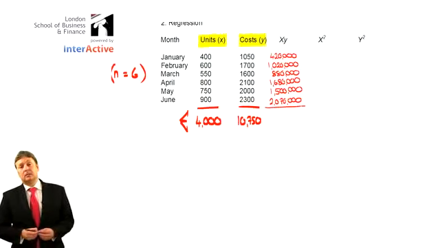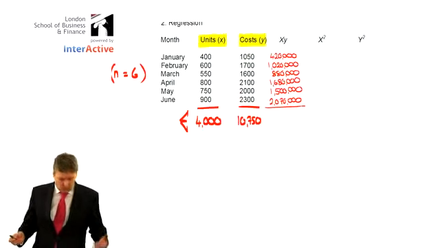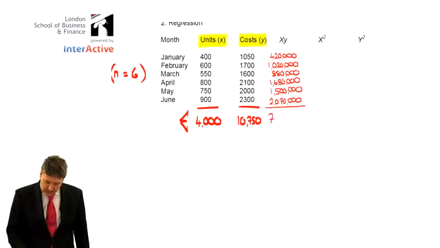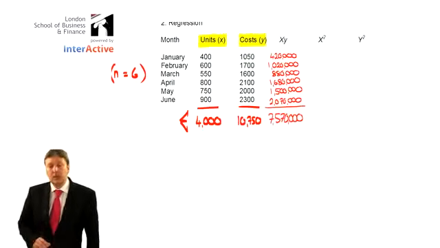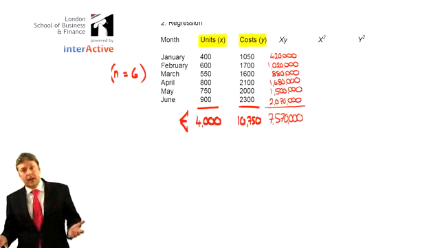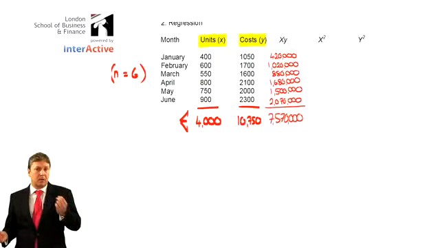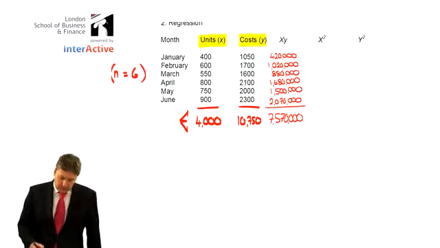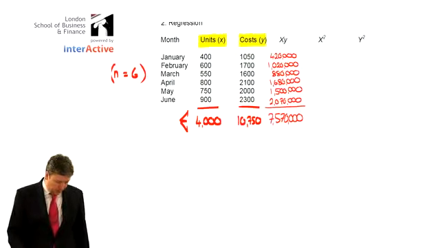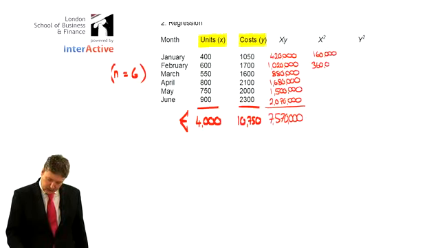If we add those together, we get the sum of xy. The sum of xy is 7570. Then we look at squaring x. Remember, we needed the sum of x squared somewhere. So if we're looking at the square of 400, we get 160,000. Of 600, 360,000.